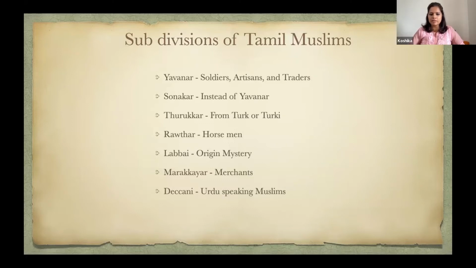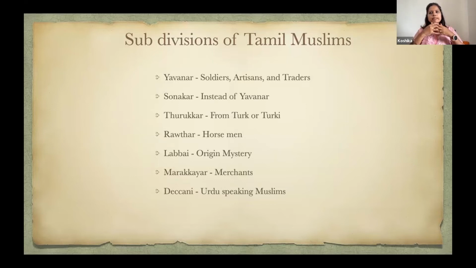So first are the Yavanars, as we saw on the first slide. They were described as soldiers, artisans, and traders. The slide before showed descriptions of them as soldiers.